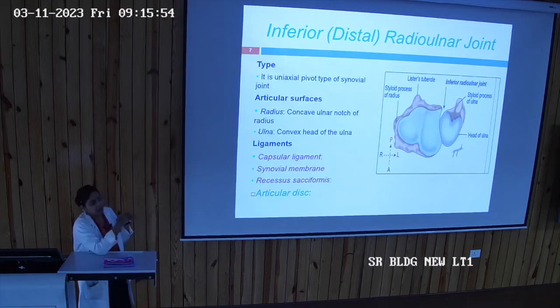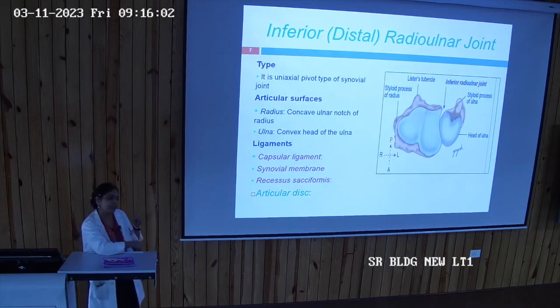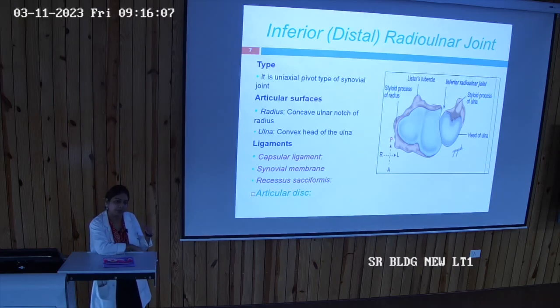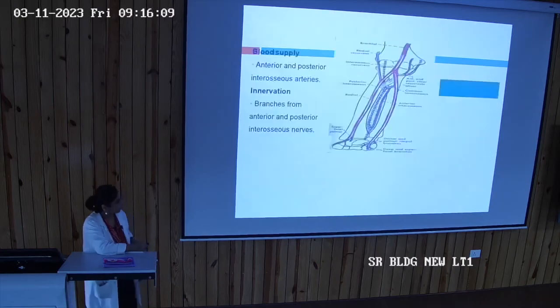So much so that the ulna is restricted from participating in the formation of the wrist joint. If the question is asked why the ulna does not participate, it is because of the attachment of this articular disc inferiorly, which limits the ulna from participating in the formation of the wrist joint.